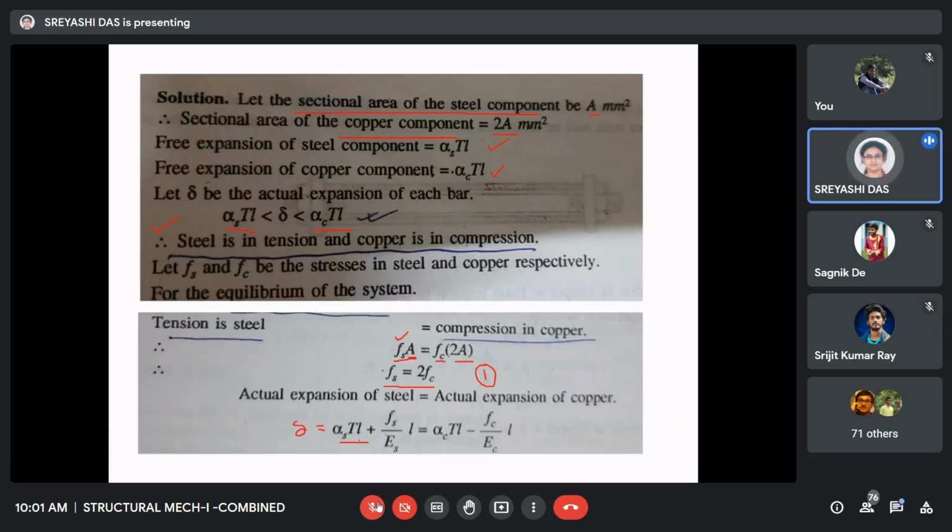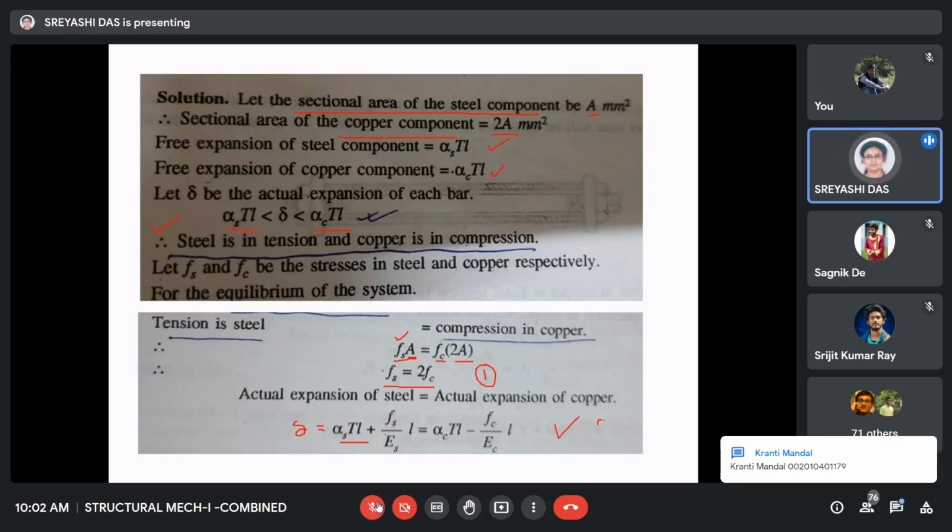So this delta is alpha STL plus Fs by Es into L. And considering copper, it is alpha CTL minus Fc by Ec into L. This is equation number 2.